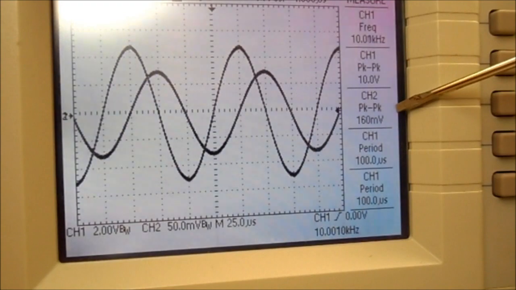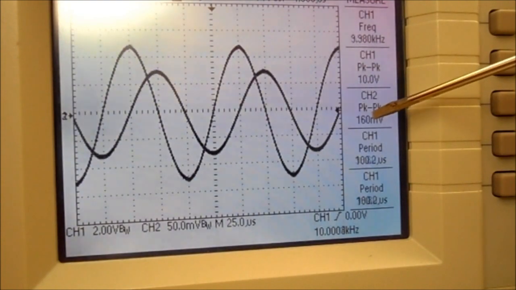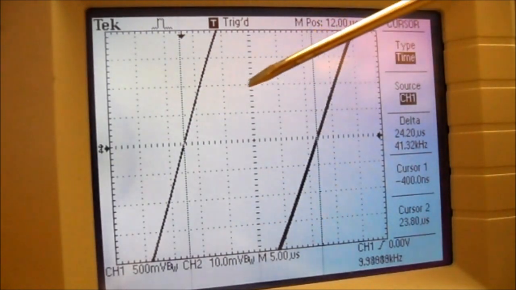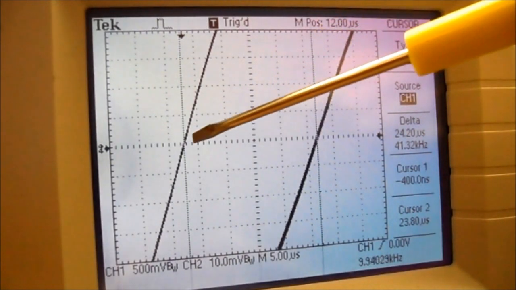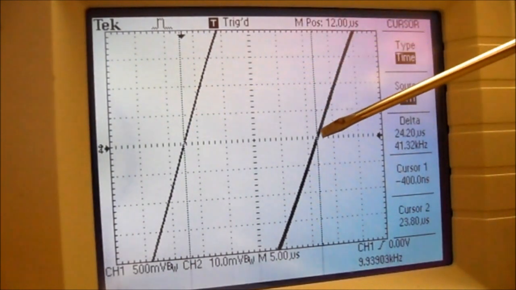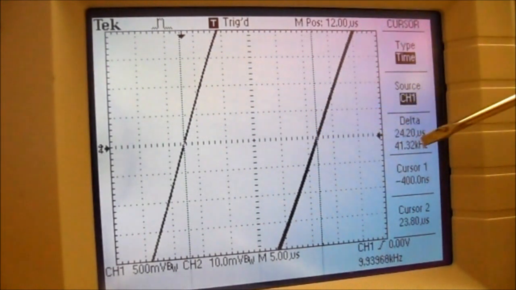And you can see the channel 2 peak to peak is about 160 millivolts. So that works out to 16 milliamps when I divide it by the 10 ohm resistor. So to check the phase angle between V in and IL, you can see that I've got my cursors set up going through the zero crossing lines, and I'm getting a delta of 24.2 microseconds.